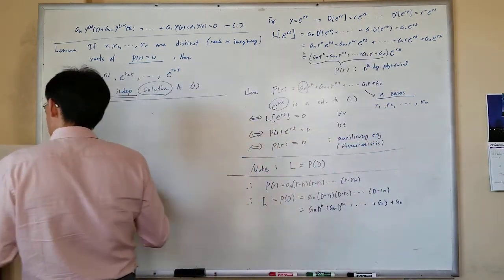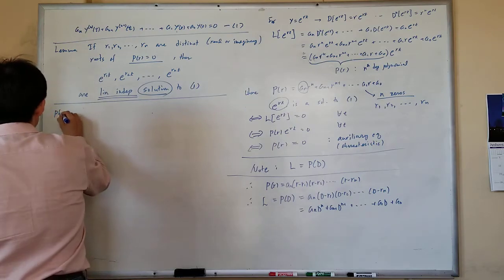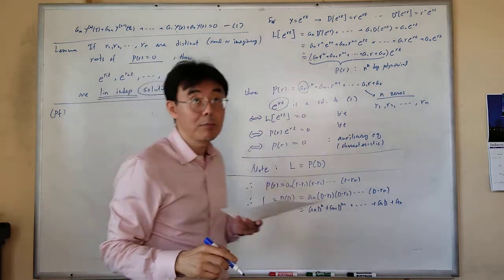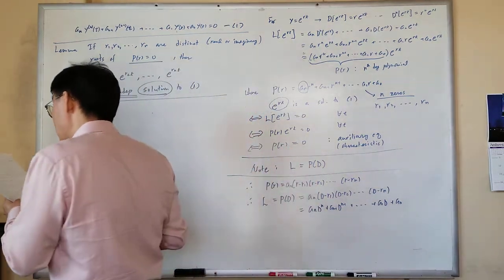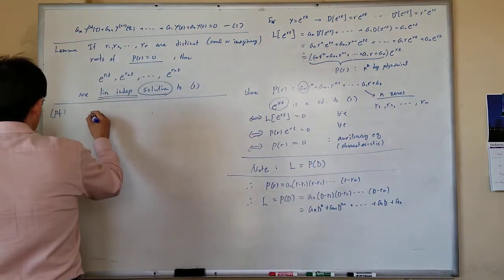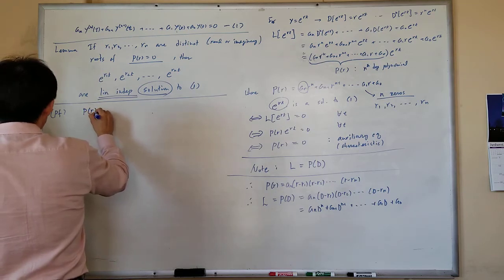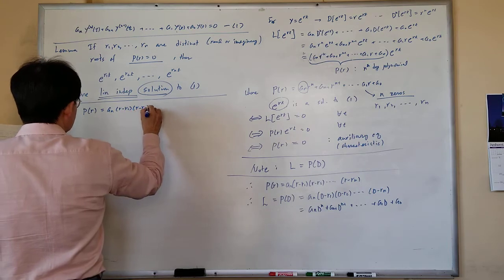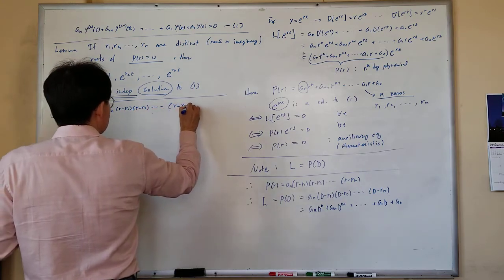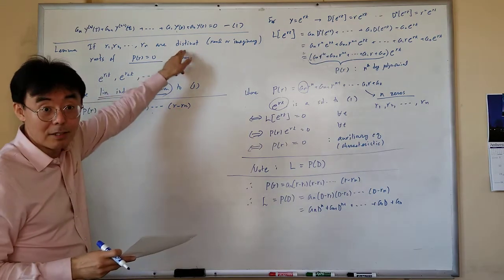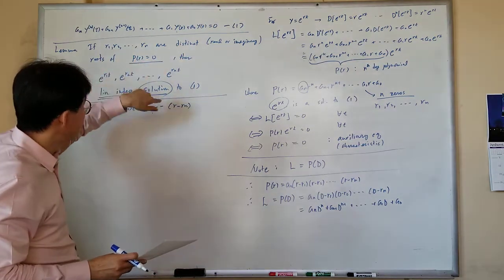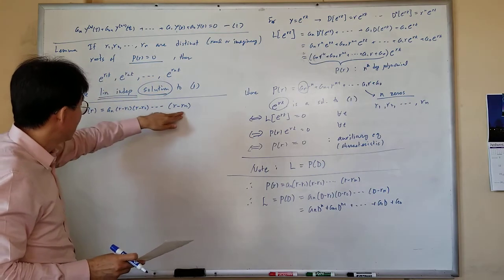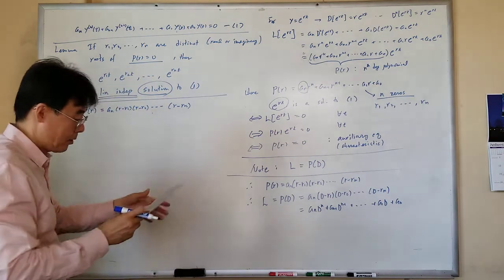So, proof. The solution part is already done. The linear independence part: how do we prove linear independence? Let's say p of r is an times r minus r1, and so on. Because these are the distinct roots of this equation, you can factor p of r like this.